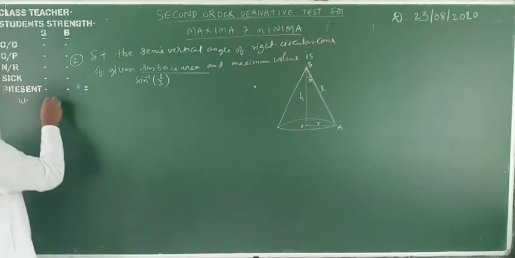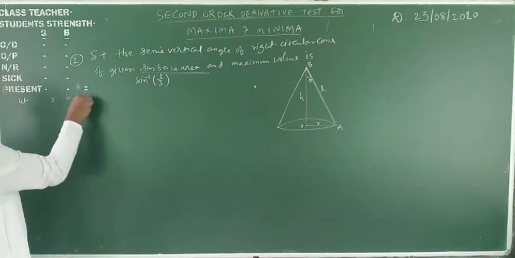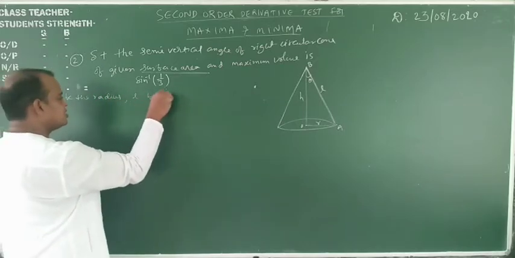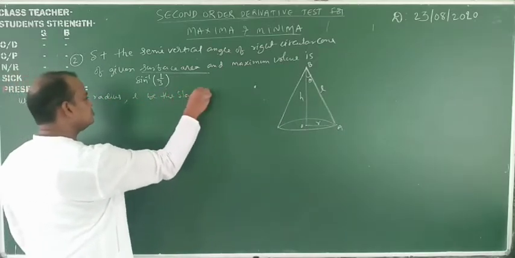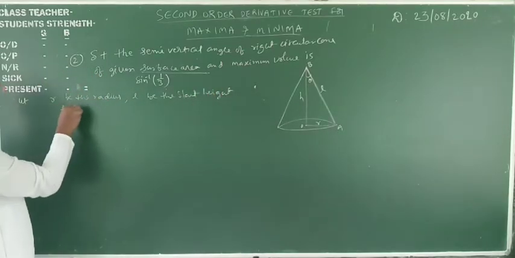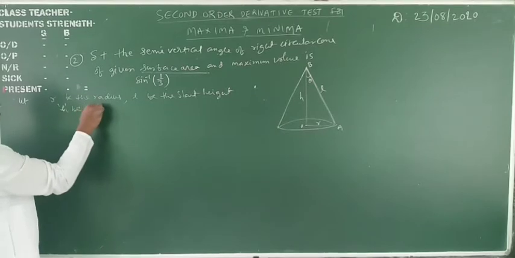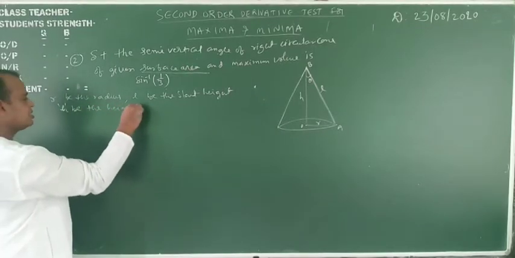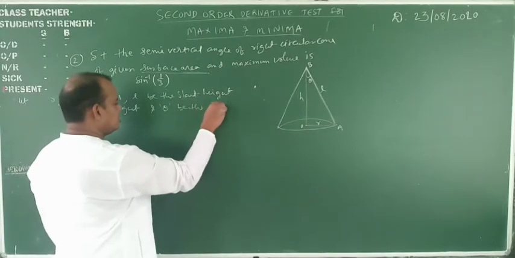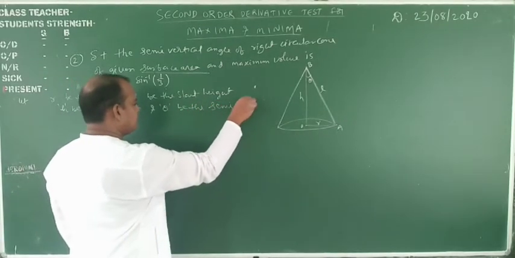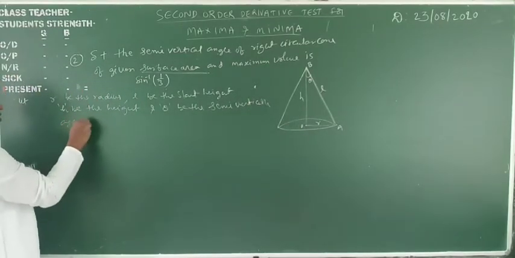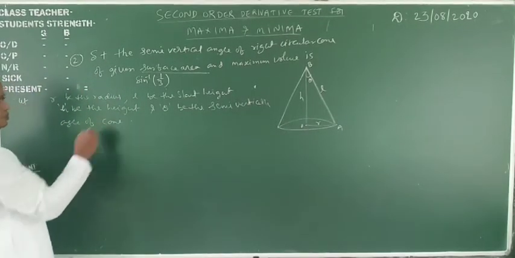Let R be the radius, L be the slant height, H be the height, and theta be the semi-vertical angle of the cone.